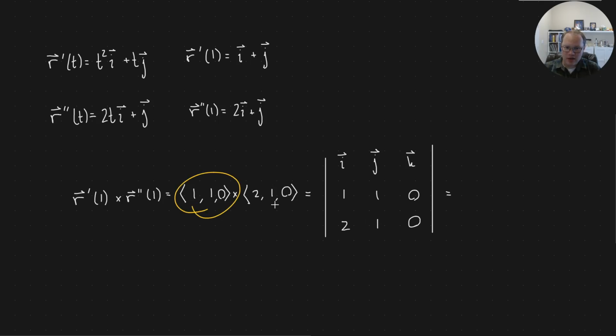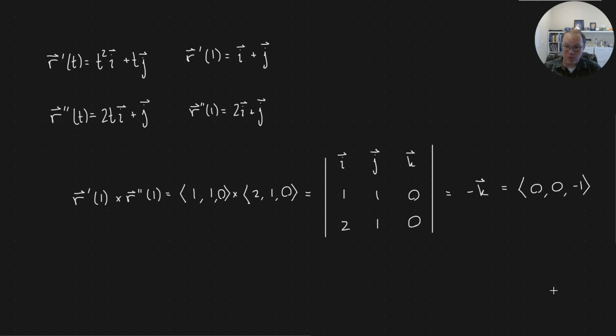Both of these vectors are already in the xy plane, so any vector orthogonal to both would be pointing out of the xy plane, just in the k direction. For k, we have 1 minus 2, so that's negative 1k. Or, if you prefer angle brackets, 0, 0, negative 1.